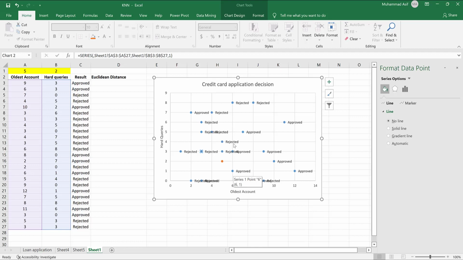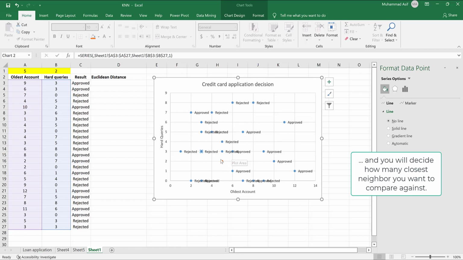So if I compare my query with the 4 closest observations, I can see 2 of them were rejected and 2 of them were approved. Similarly, if I increase the distance, if I go to this one, then that was rejected, and then maybe this one is the next one. So this is how KNN works. Our query is compared with the closest data points, and we see what happened to them.